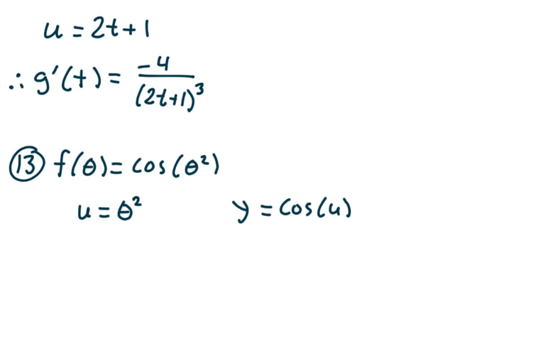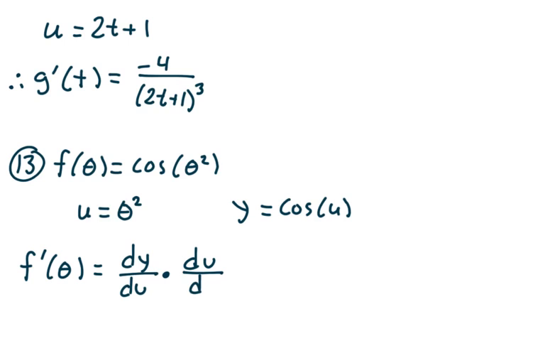Now, f prime of theta, so to take the derivative here, I'm going to go dy/du times du/d theta. Now, dy/du, in this case, is negative sine u.